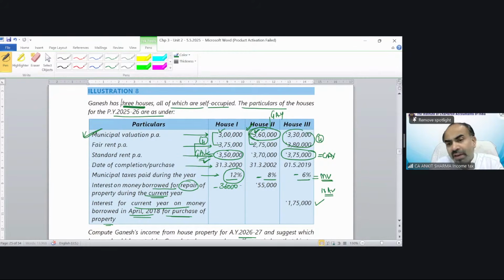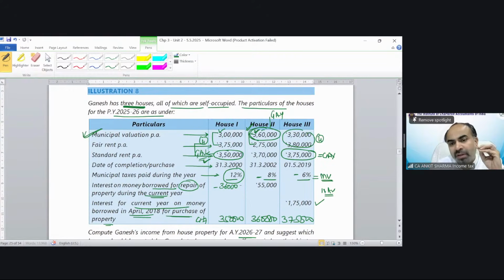Now, out of NAV, we have to reduce the 30% standard deduction. You can see the GAV in the first case was 350, in the second case 360, and in the third case 375. Out of this, we have reduced municipal taxes. No new provision is there for solving these questions.